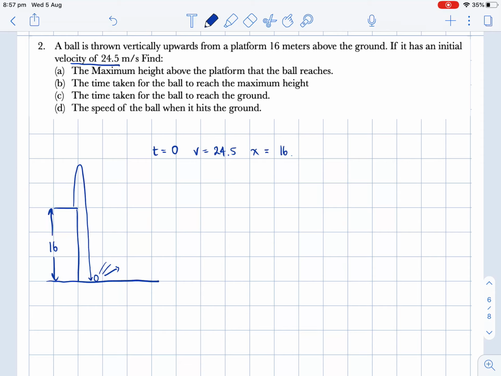So if I've got this 24.5 and 16, what I'm assuming is that this direction up, where I throw the ball first, is the positive direction. And very simply then, that means down is the negative direction.